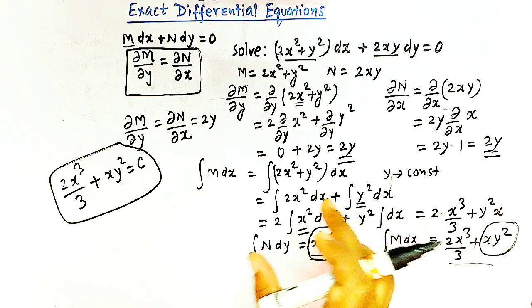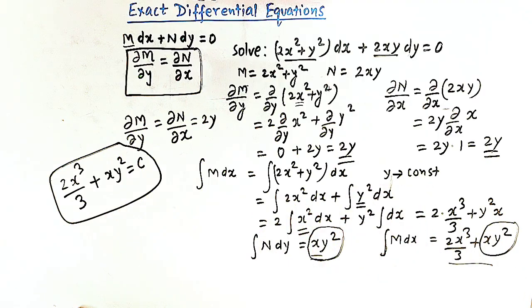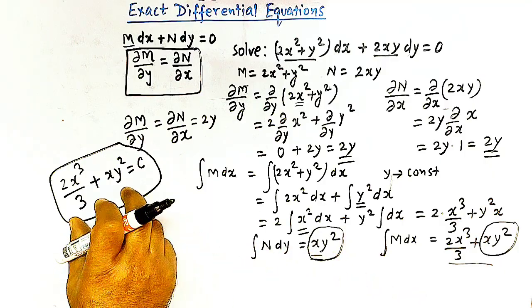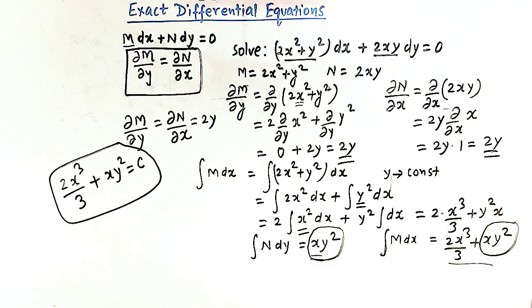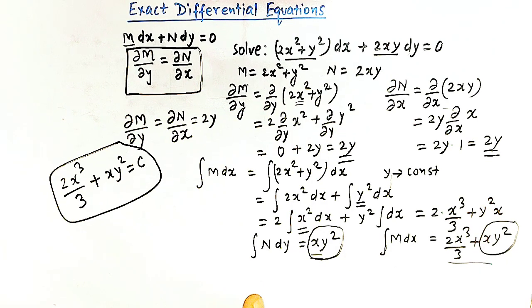So when we have to write the general solution of the given differential equation, then we have to retain only those terms which are not repeated, right? So here xy square is repeating over here, so we'll take it only once, right? So adding these two terms, and the sum is equated to some constant, say c.